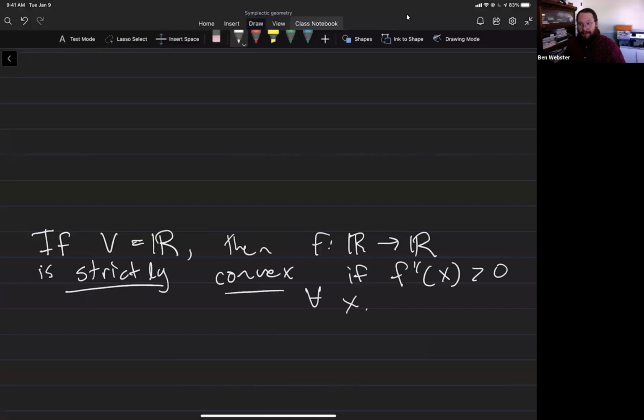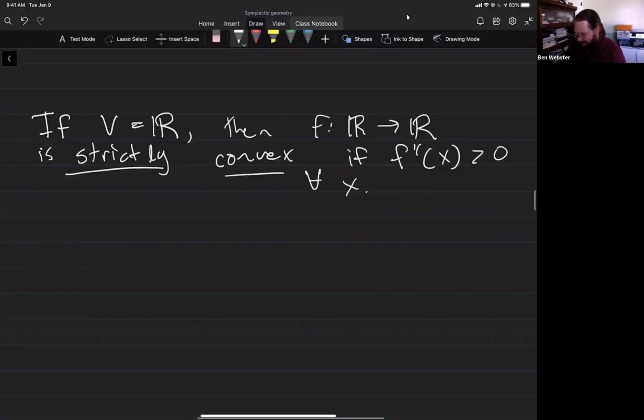And this theorem that I hope you learned in one variable calculus, well, what could happen to the sign of the first derivative? Since the second derivative is positive, the first derivative is always increasing.